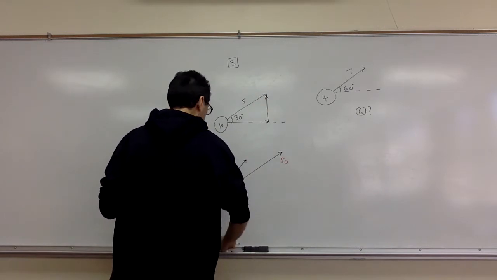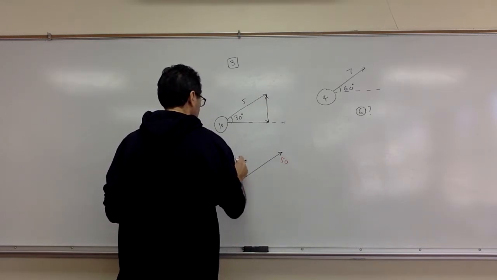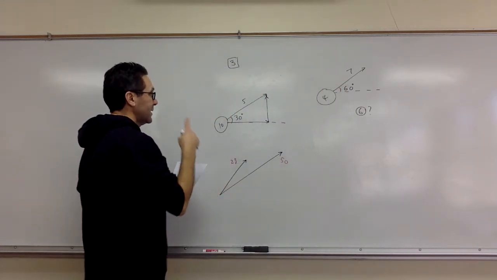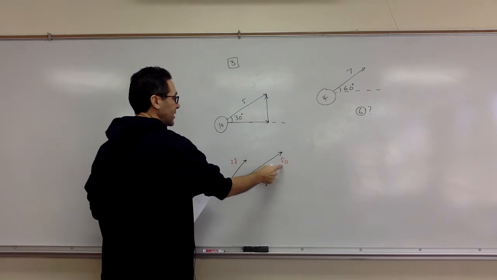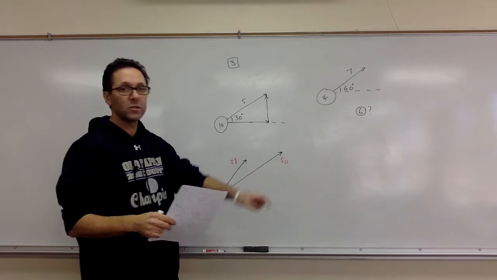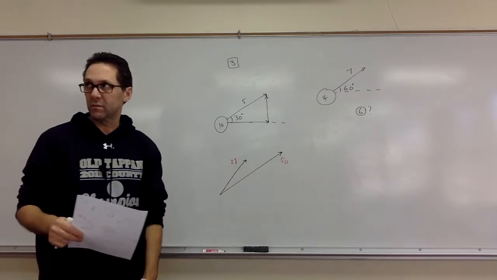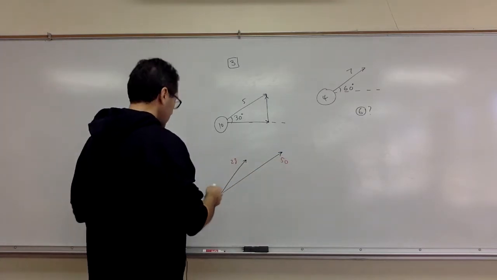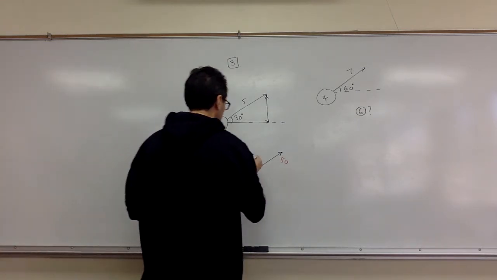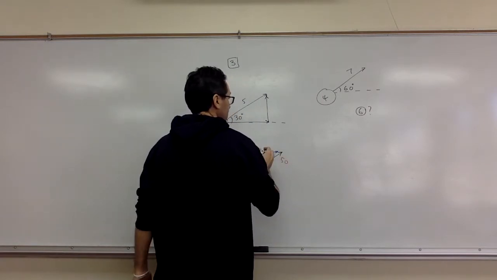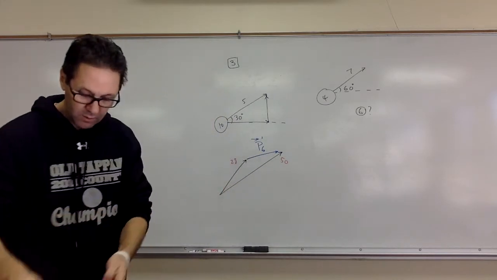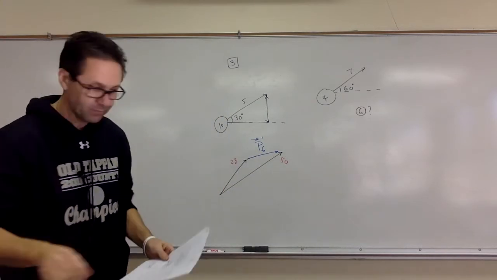The other one is 28. Okay, that's 28. Now after the explosion, I have to have 50. So my initial momentum vector has to be equal to my final momentum vector in direction and in magnitude. So now I have to just complete this triangle to figure out the momentum of 6 after the explosion.